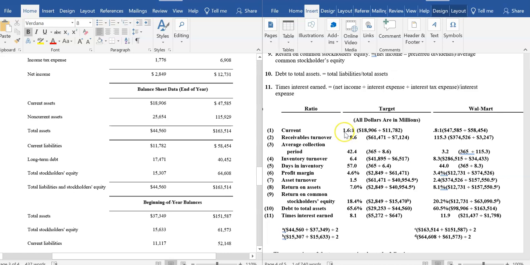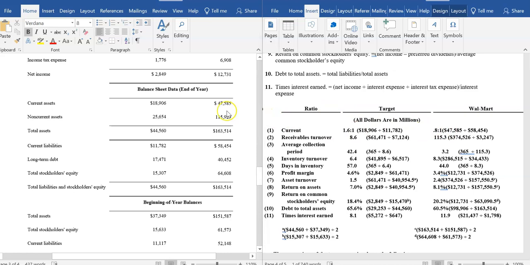What this is saying is for every dollar in current liabilities, Target has $1.60 or 1.6 in current assets. We want to see a current ratio higher than 1 because that means their current assets are greater than their current liabilities and they're prepared to pay off their current debt as it becomes due.